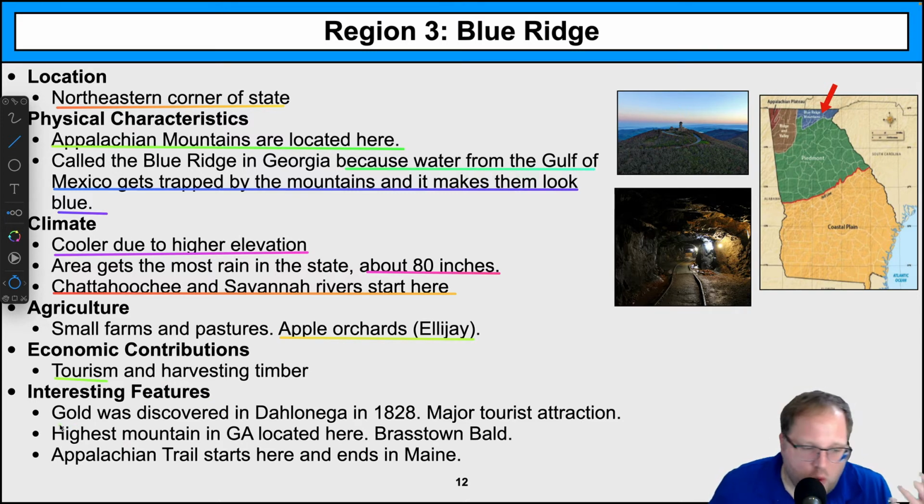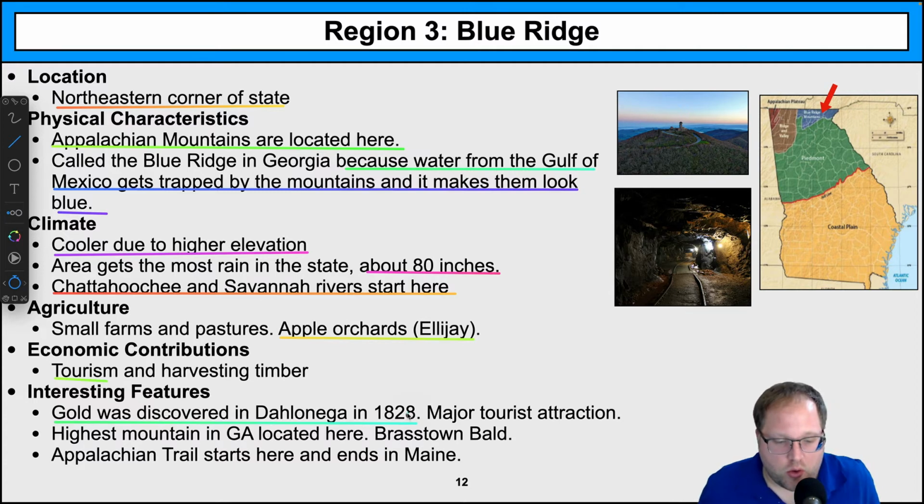Now, one of the cool things about this region that's happened in history is that in 1828, in a city up in the Blue Ridge called Dahlonega, there was actually a gold rush there. Now, unfortunately, that gold rush had a negative impact on the Native Americans who lived in this region, a tribe called the Cherokee.